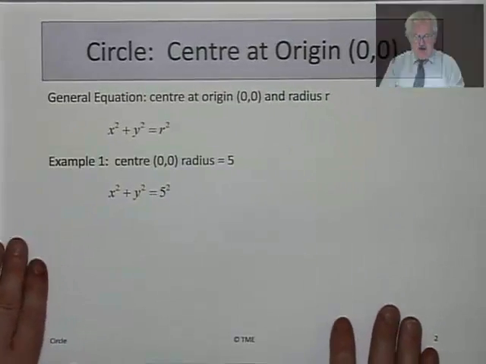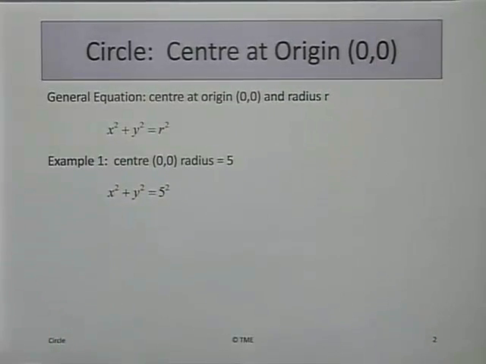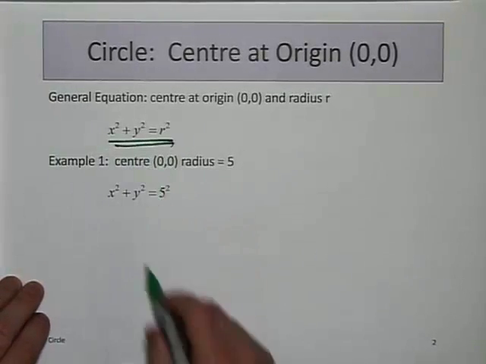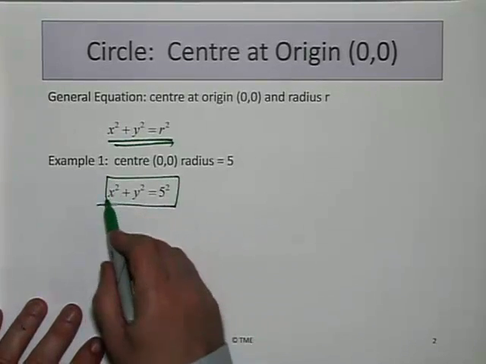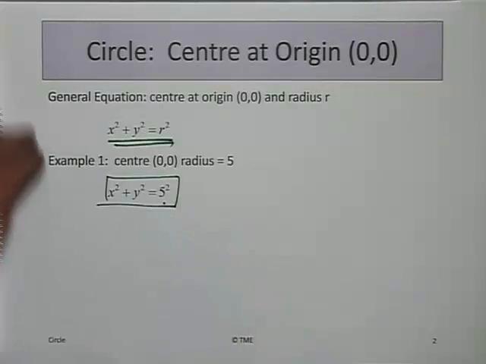So the general equation of a circle: there are two types on your program. The first one has its origin at 0, 0. That's the most straightforward one. So we talk about x squared plus y squared is r squared. That's the generic formula. An example would be x squared plus y squared is 5 squared.